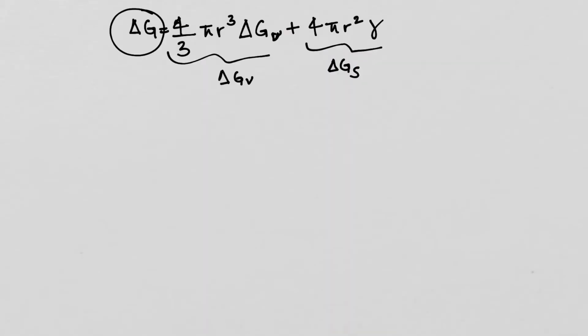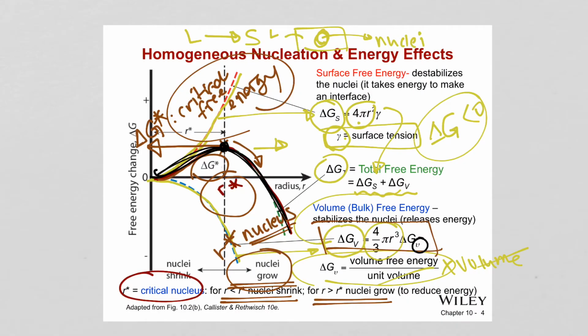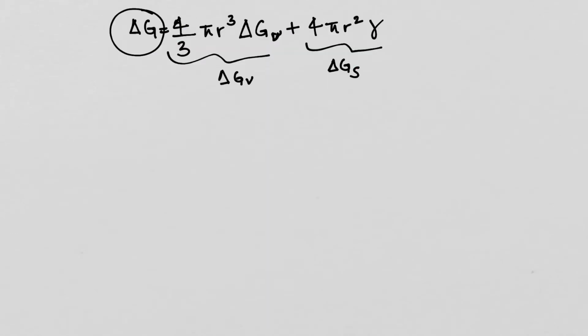If I take the derivative and set it to 0, because at this point the derivative of this curve is 0, and that will happen when I'm at R star. So I can set this to 0, taking the derivative and placing R star instead of R. So delta G derivative is equal to 0 when I have R star.